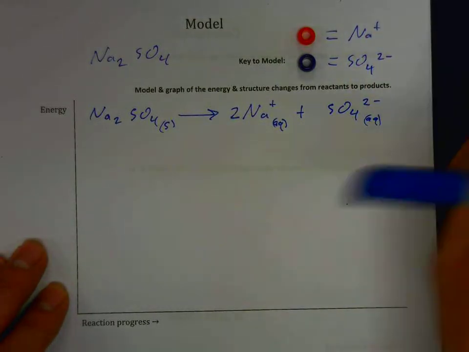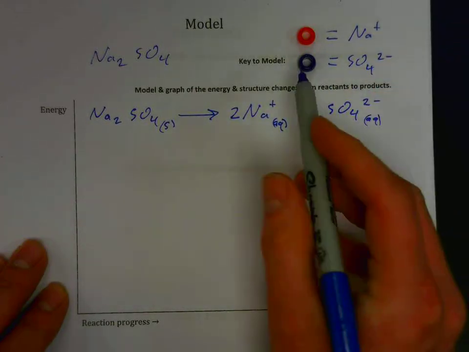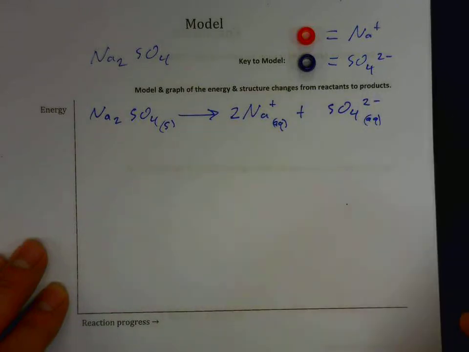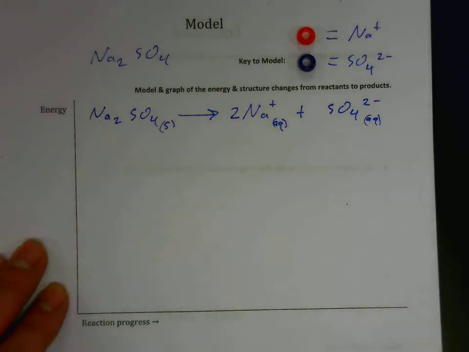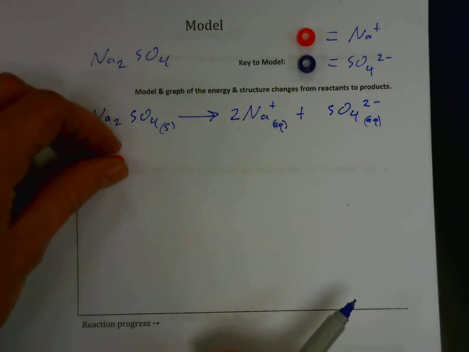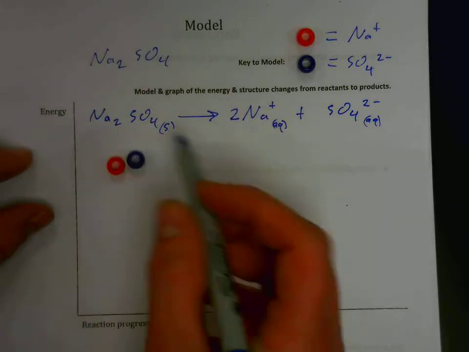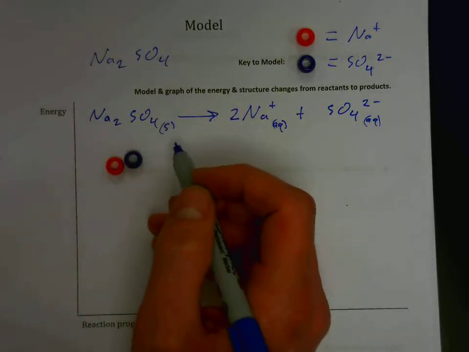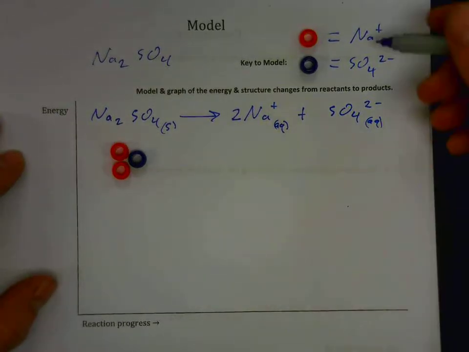Now, since sulfate stays together as a group, it's okay to just use one color to represent that because it's one ion, although it has several different atoms within it. So when we show this process taking place, first we have the sodium sulfate together. We have 2 sodiums and 1 sulfate as a whole. So I'm going to represent that with 2 reds with 1 blue.